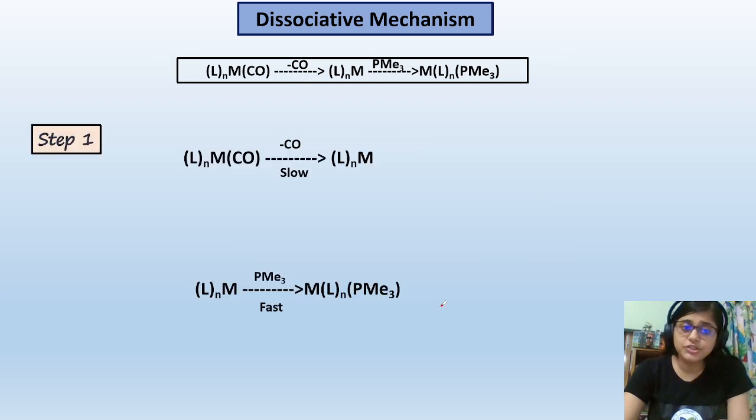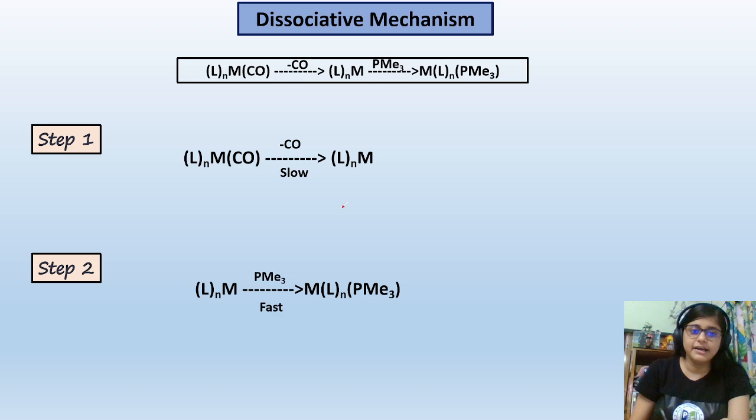So the steps we should know: step 1 is the dissociation, and step 2 is the new ligand coming. The most important thing is that here the slow step is the dissociation step, meaning the rate determining step, RDS.